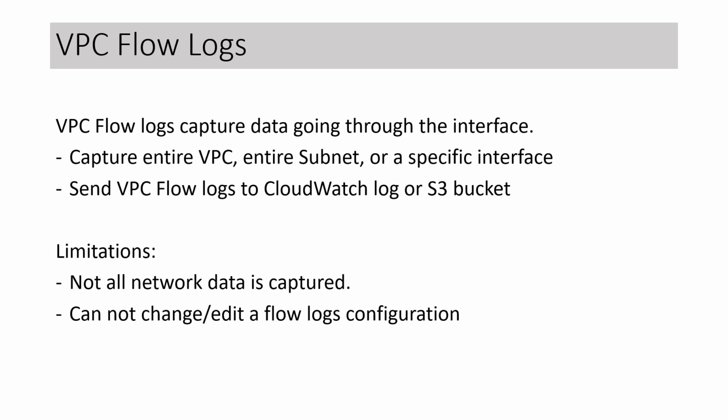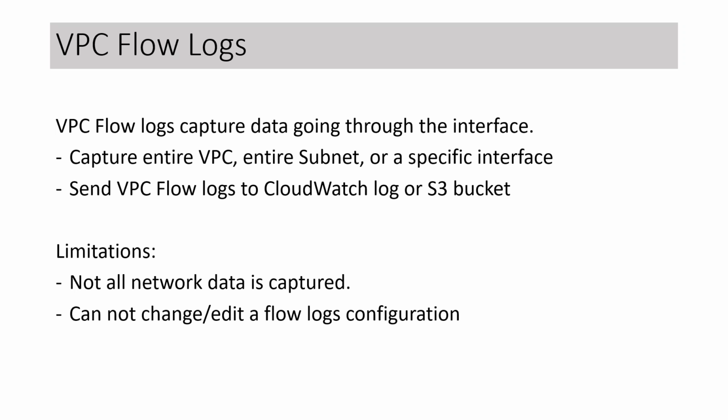Or you can say in this particular subnet, so maybe you have an internet-facing subnet and you're really concerned about that network data. Or you can specify a very specific interface. I find a lot of people use VPC flow logs this way for troubleshooting, evaluation, and remediation. They may specify a particular VPC and get all that data and put it in its own area.